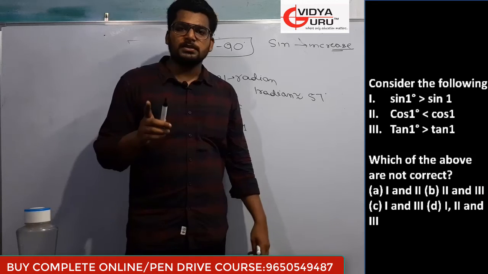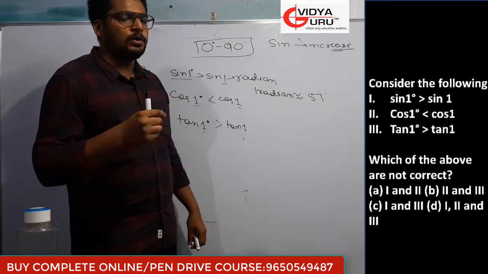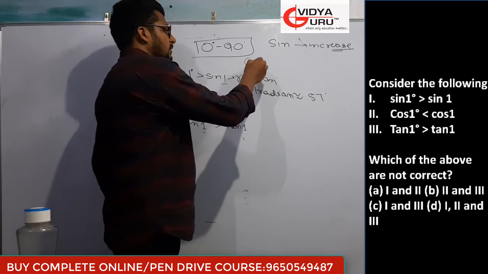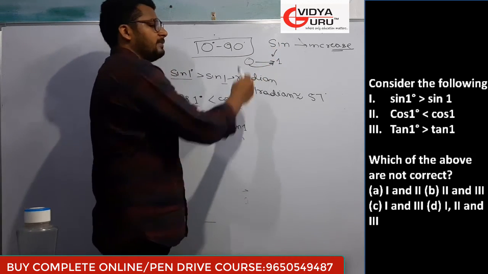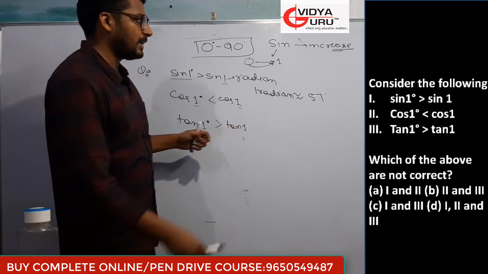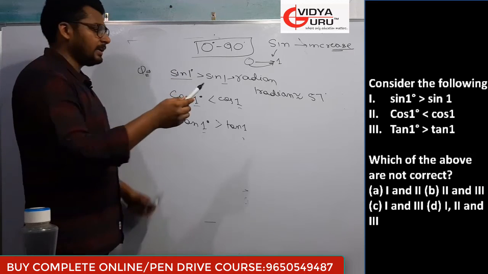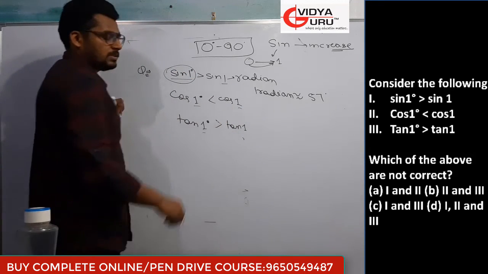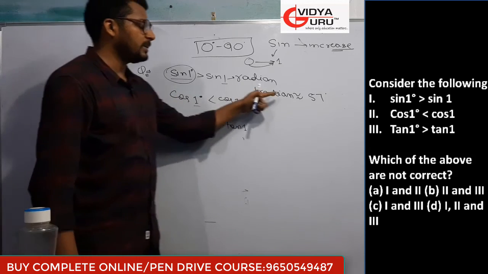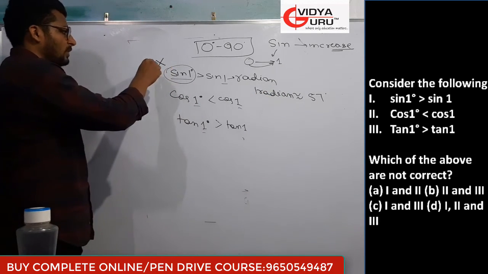Sin 0 is 0, sin 30 is 1 by 2, sin 45 is 1 by root 2, and till 90 it reaches 1. That means sin value increases between 0 to 90, so the greater the angle, the greater the value of sin. So is sin 1 degree greater than sin 57 degree? No, this is not true, because sin value increases, so sin 57 degree will be greater. So this is not true.